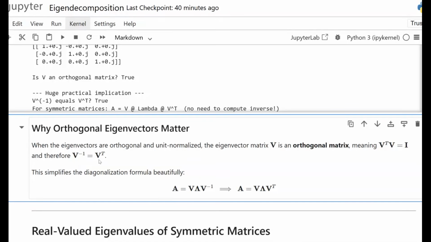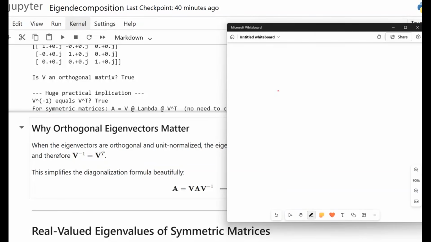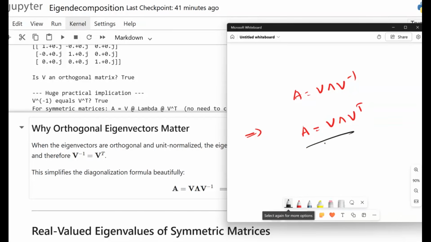And we have already discussed this previously. In orthogonal diagonalization, instead of A equal to V multiplied by lambda multiplied by V inverse, we can get the stronger result A equal to V multiplied by lambda multiplied by V transpose. And dear friends, kindly observe, this is called the spectral theorem.